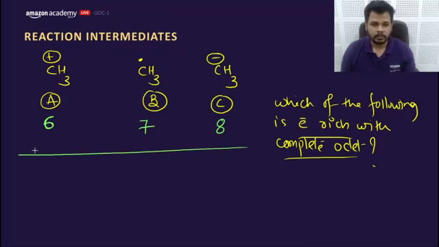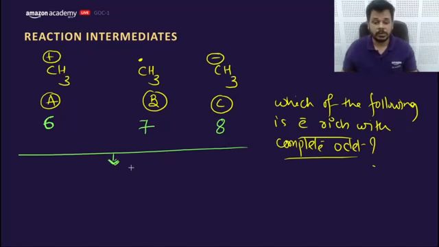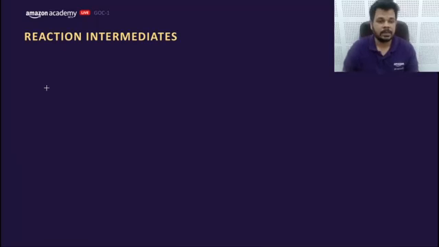So these are reaction intermediates which form during the reaction, and the stability of these reaction intermediates decides the rate of reaction. The next part of the discussion is how to stabilize reaction intermediates so that we can compare the rate of reaction. If we can compare the stability of intermediates, we can compare the rates of reactions also. So let's try to understand the way to stabilize carbocation and free radical.